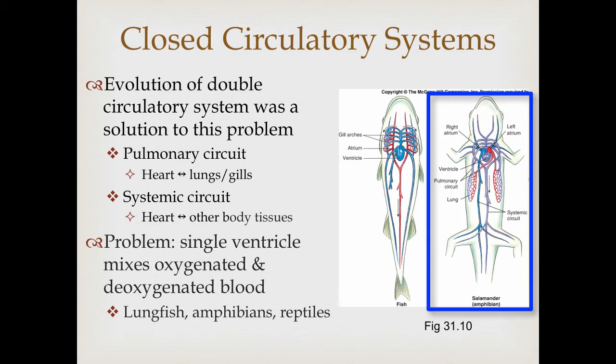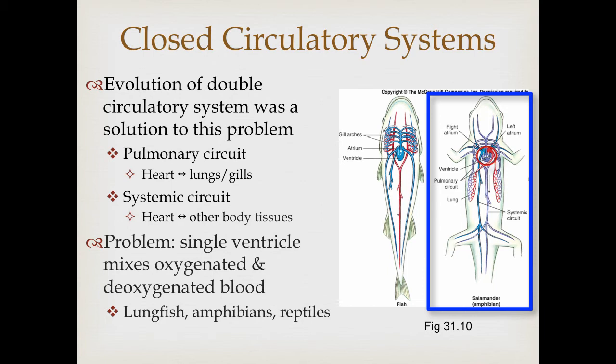Again, the red is fully oxygenated blood, the blue is deoxygenated, carbon dioxide-laden blood, and the purple is basically a mixture of those. So here you see blood leaving the lungs, dumping into the left atrium, that then dumps that into the ventricle. But you see the ventricle is also receiving blood from the rest of the body through the venous system, dumping into the right atrium.